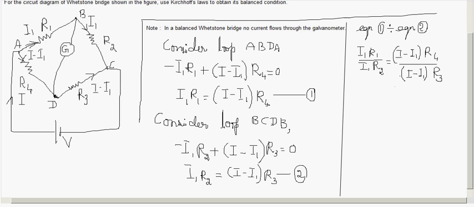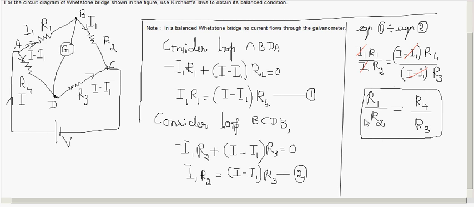Now simplify this equation. I1 and I1 cancel, and I minus I1 gets cancelled. So the remaining terms are R1 by R2, which is equal to R4 by R3. Therefore, in the given circuit, the condition for the bridge balance is R1 by R2 must be equal to R4 by R3.